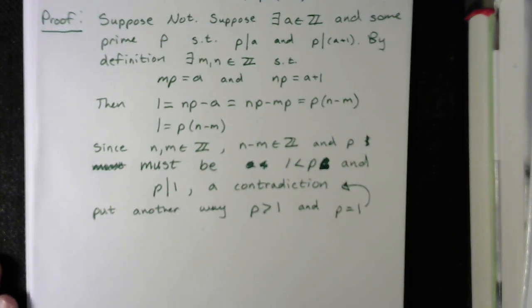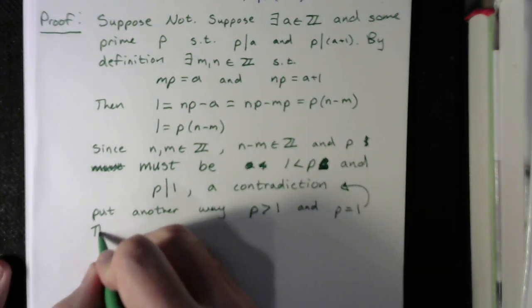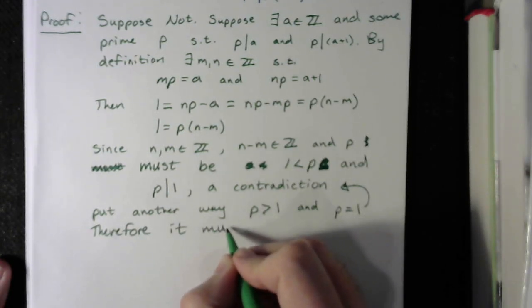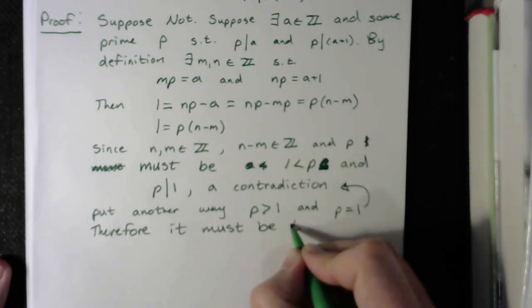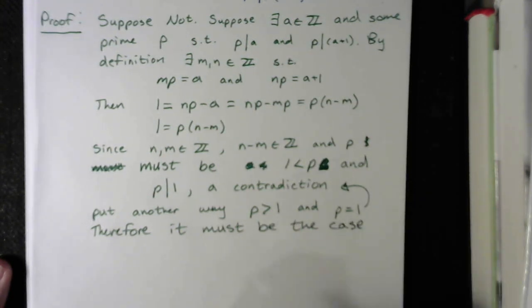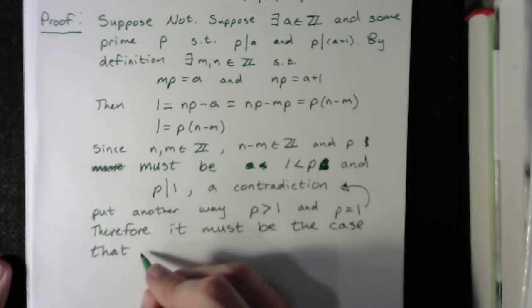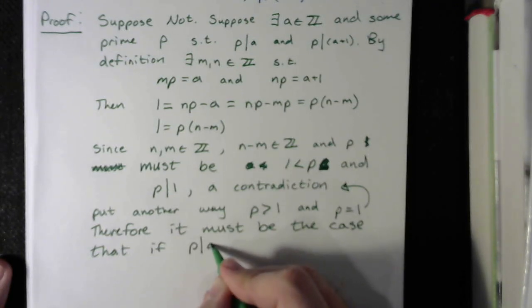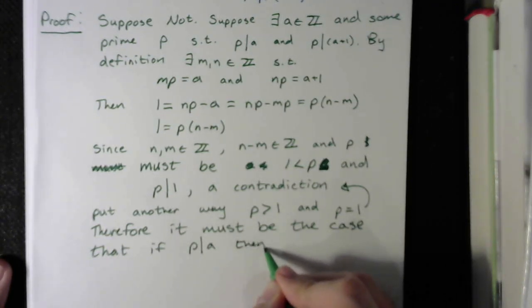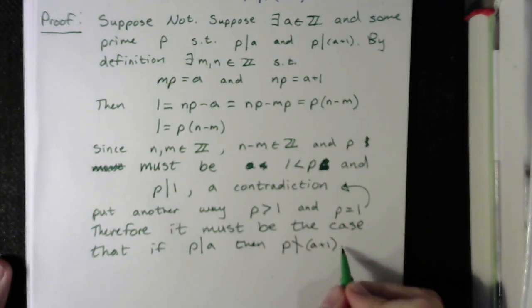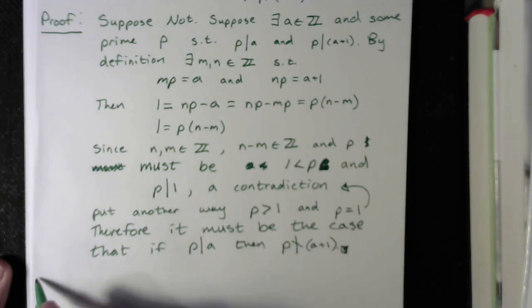So therefore, it must be the case that if p divides a, then p does not divide a plus 1. That's our proof.